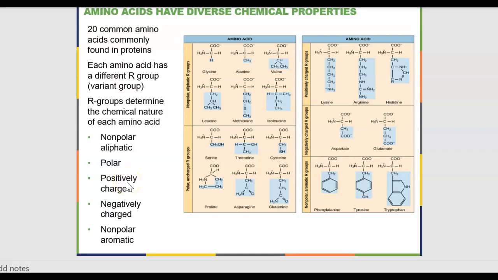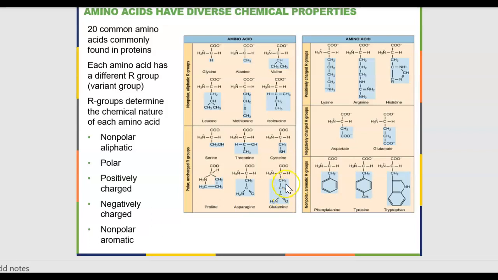And when we talk about the charges, that generally is talking about what's going on the R groups. So we're looking at the typical R groups that are found on this amino acid. And then we have positive and negative ones, and we also have non-polar aromatic R groups.